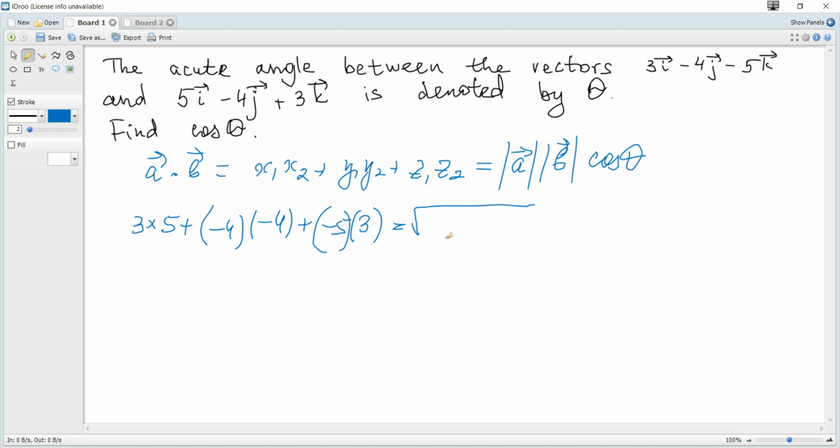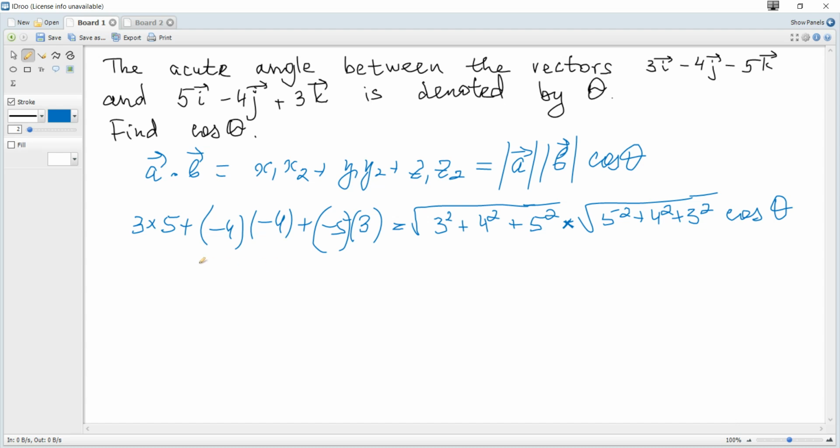So for the first vector, it's 3 squared plus negative 4 squared, or just 4 squared, it doesn't matter because squared is positive, plus 5 squared, multiplied by the square root of 5 squared plus 4 squared plus 3 squared, and multiplied by the cosine of the angle between them.